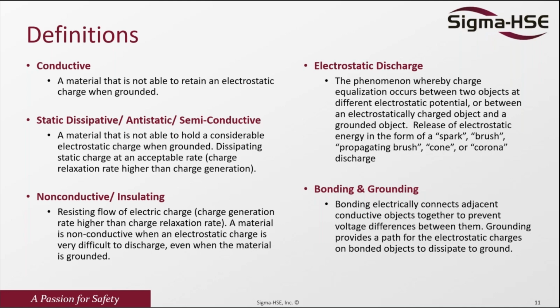Also, we need to understand another term, electrostatic discharge. Discharge means the transfer of charges. It's the phenomenon whereby charge equalization occurs between two objects at different electrostatic potential, that is, between an electrically charged object and a grounded object. A typical example here is I have one metal A, and I have another metal B. Both of them have different electrostatic potential.